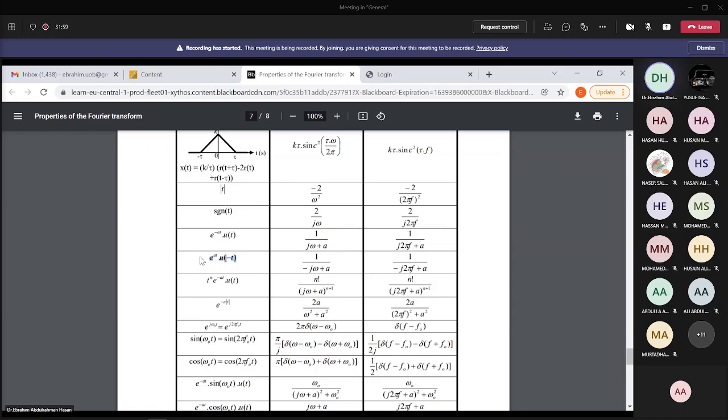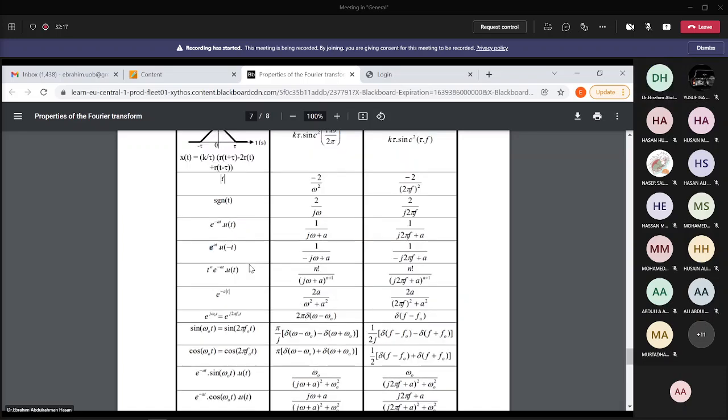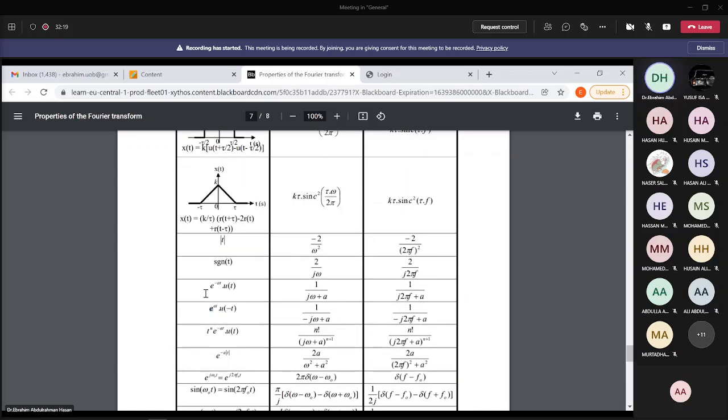In general, we don't have u of minus t. Also I have this e to the power of minus a multiplied by u. Okay, let us see how to solve this.